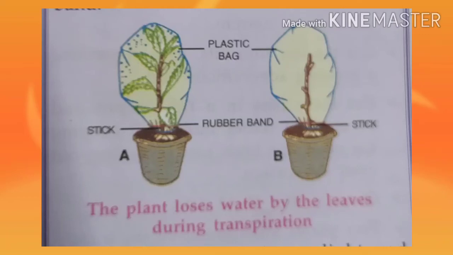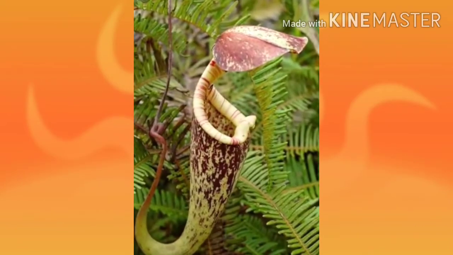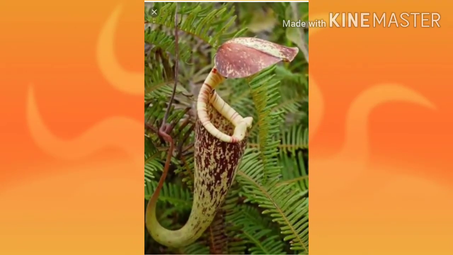Now, the next topic that I am going to discuss with you is the insectivorous plants. The plants which trap insects in one way or another to meet their nitrogen demand are called insectivorous plants. And you know, nitrogen is very important for the growth of the plants.